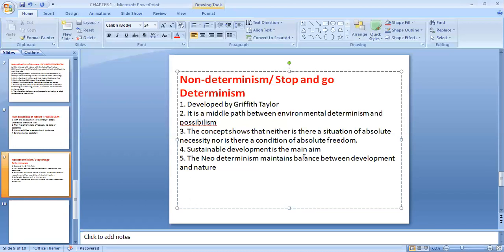The environment is giving us lots of opportunities to develop ourselves. Whatever things you are using in your home, whatever things you are using in your school, all those things are coming from nature. Nature is giving us enough opportunities.